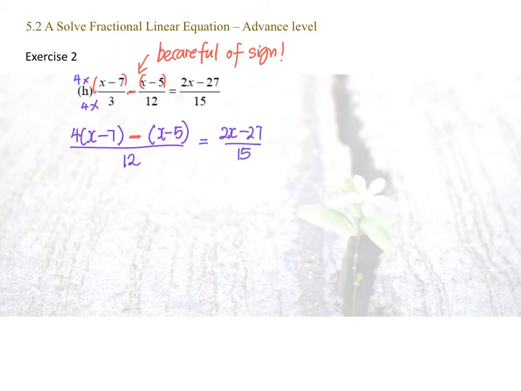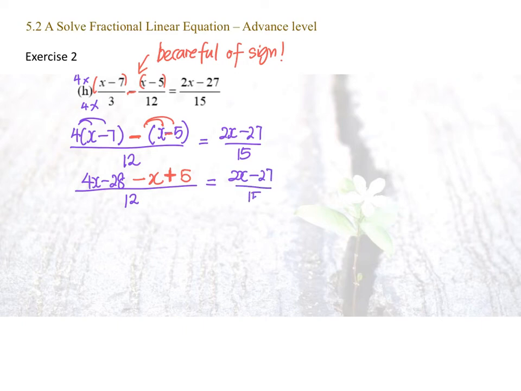Please take note, this is a subtraction of x minus 5 with the brackets. So if we were to expand out the brackets, it will become 4x minus 28. This will become minus x. And this is negative of negative 5, so it becomes plus 5. Be careful of the sign, changing the sign.